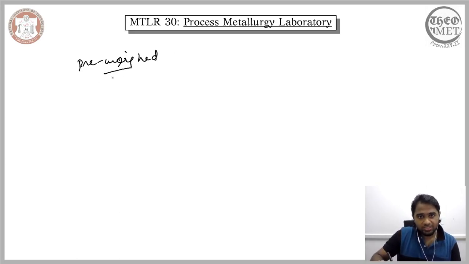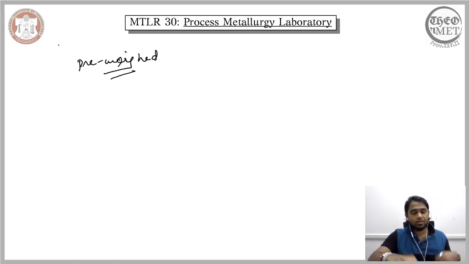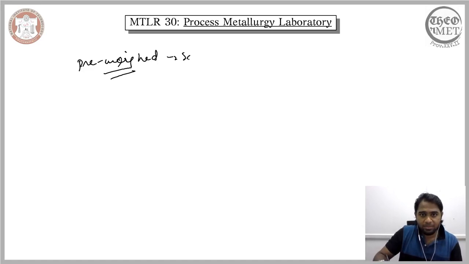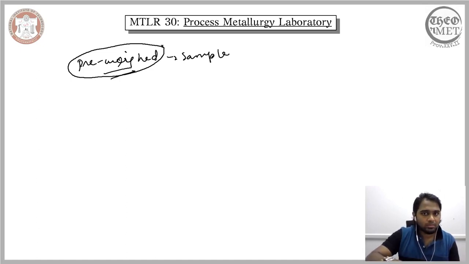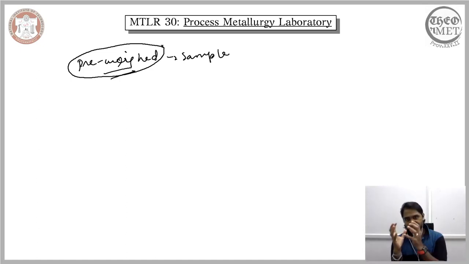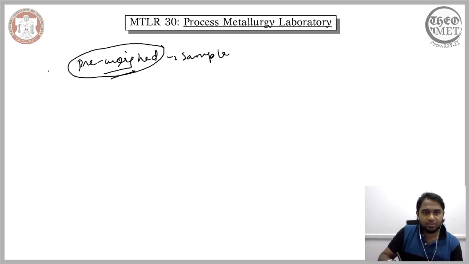So the first critical feature that we need to understand about the input that we want to study is the weight of the sample. Whatever sample we are about to study using sieve analysis needs to be weighed first. So we consider a pre-weighed sample of this mixture of fragments, and then this pre-weighed sample is fed into a series of sieves which have decreasing aperture sizes.